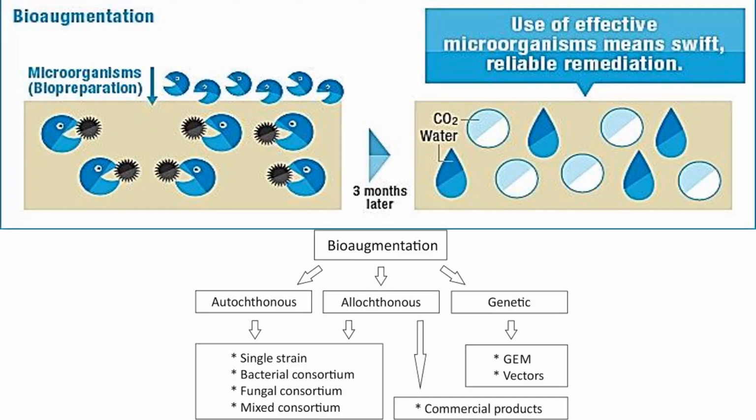So this is bioaugmentation that we have already seen, and we have also discussed that bioaugmentation can be due to an autochthonous microorganism or an allochthonous microorganism, or it can be genetically manipulated. So it can be a consortium, it can be a single strain, and it can also be a genetically engineered microorganism or vector.